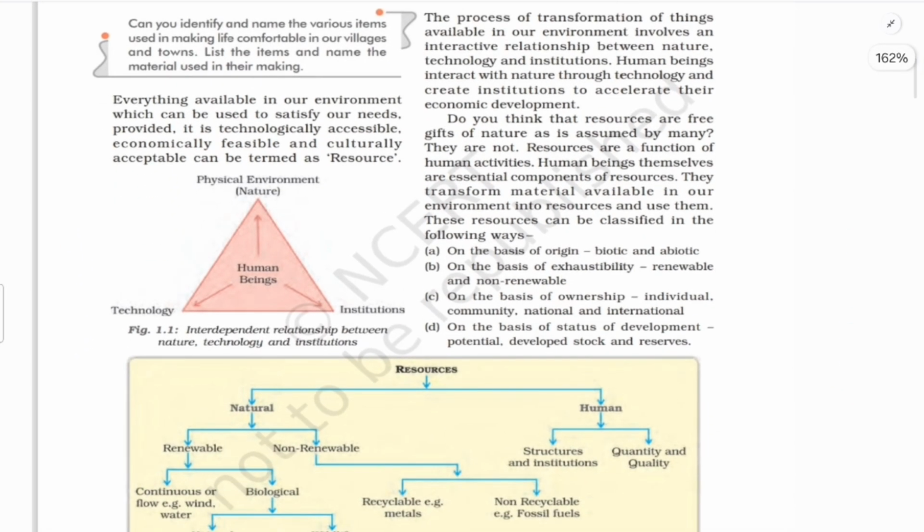Now, we are human beings. We are interactive to technology as well as institutions as well as physical environment, that is nature, and we are interdependent to each other.